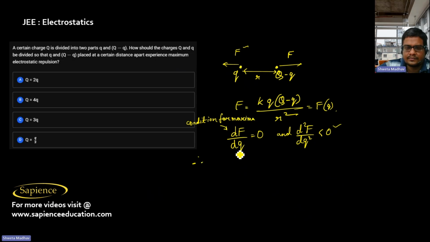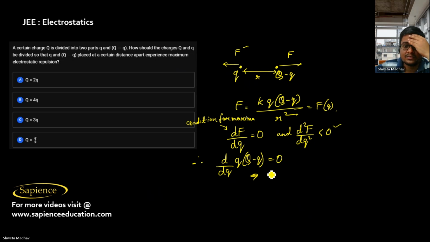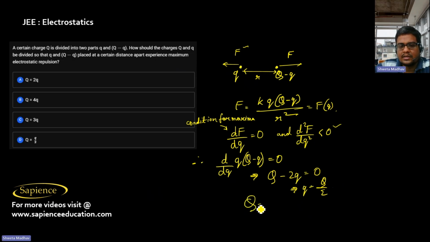So therefore, I'll say that d by dq of q into (Q minus q) should be equal to 0. So it means that Q minus 2q, that is equal to 0. So q should be equal to Q by 2, so Q should be equal to 2q.